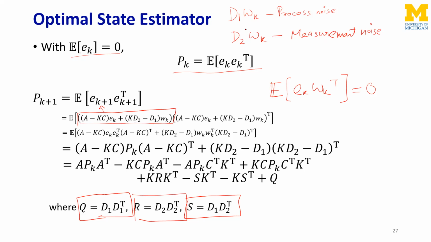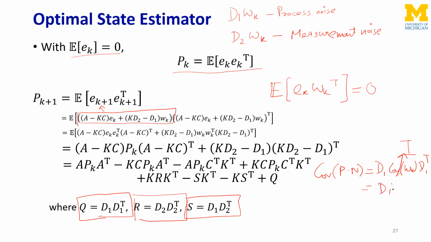However, what is the covariance of the process noise? Let me write it here. The covariance of the process noise is going to be D1 times the covariance of W_k times D1 transpose. This is from a couple of facts that I showed you in the probability slides. And the covariance of W_k is the identity because we chose W_k to have identity covariance.